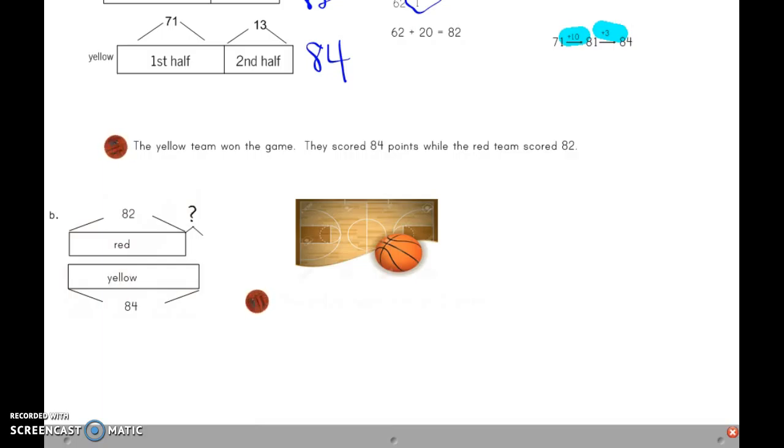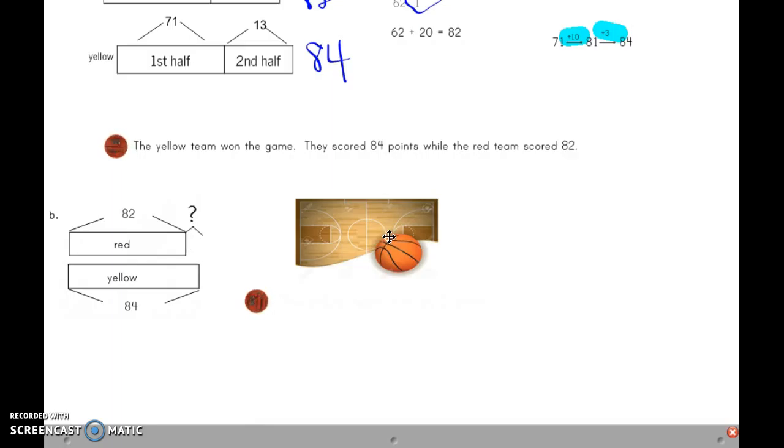For my tape diagram, I said that I know that the yellow team scored a total of 84 points. The red team had a total of 82 points. So I needed to find out exactly how many more points the yellow team scored than the red team.